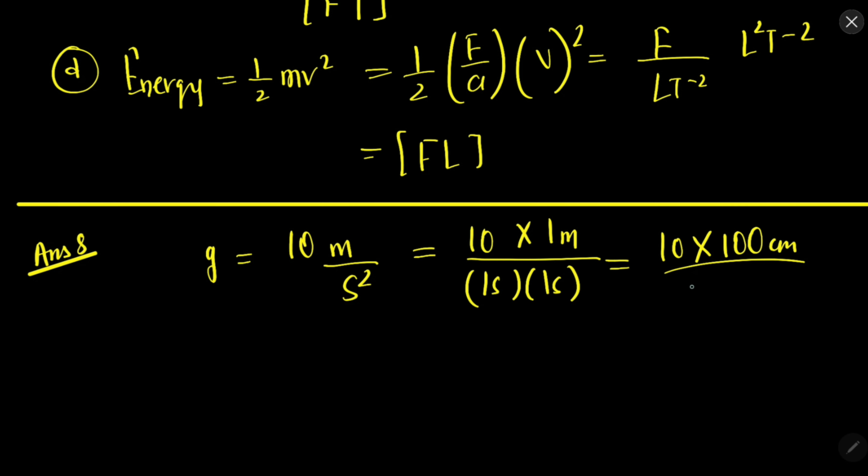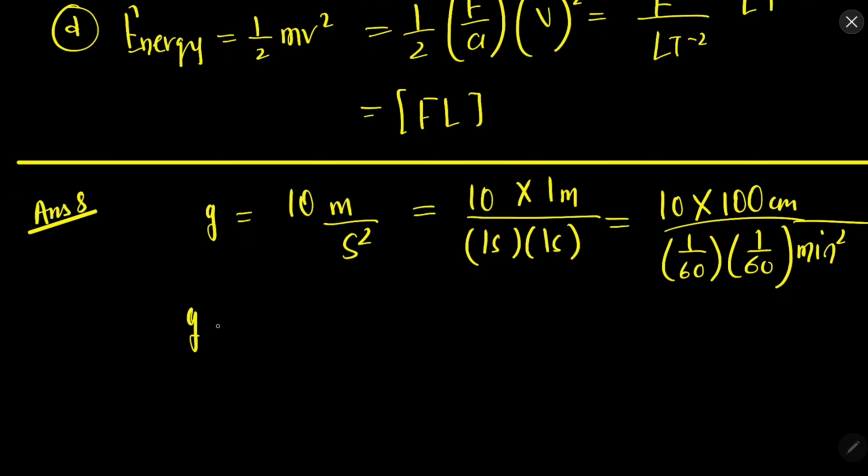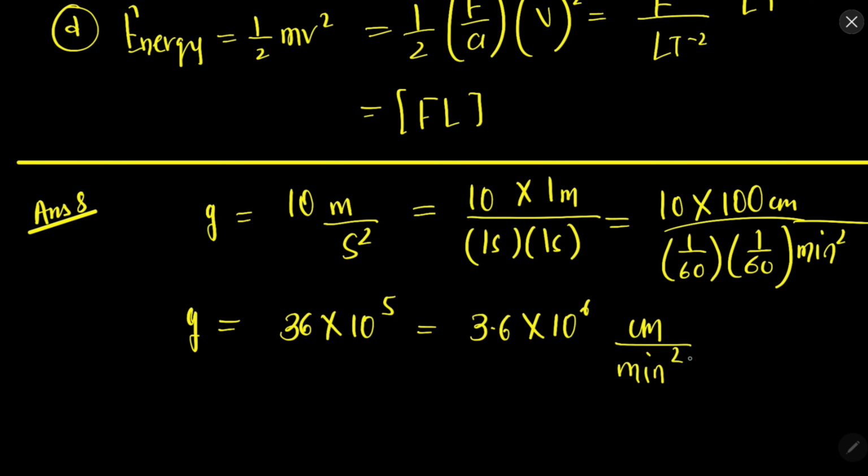So 1 second is equal to how many minute? So 1 by 60 minute. So minute square, 2 minutes are there. So G will be equal to 36 into 10 to the power 5, or you can also write 3.6 into 10 to the power 6 centimeter per minute square.